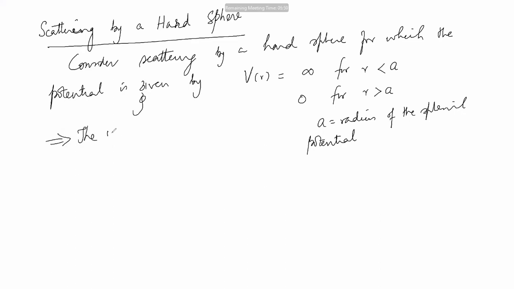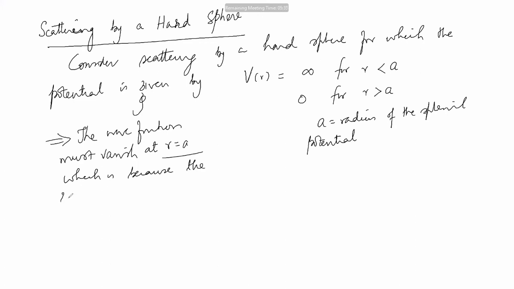Implying that the wave function must vanish at r equal to a, which is because the region r less than a is impenetrable.